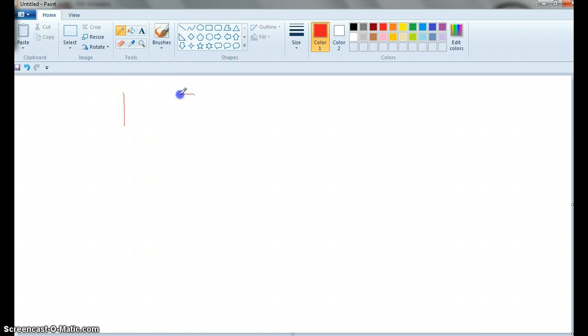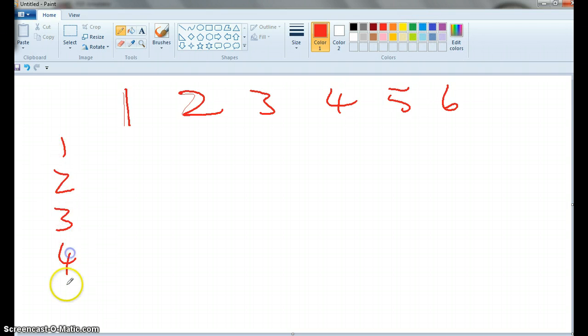Dice number 1 can be 1, 2, 3, 4, 5, 6. Dice number 2, 1, 2, 3, 4, 5, 6. Remember we're adding them.